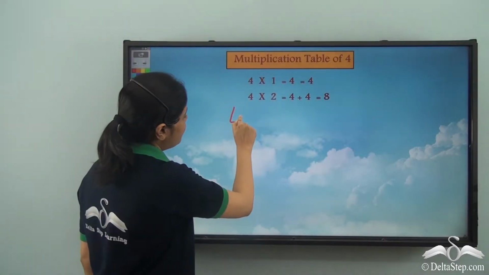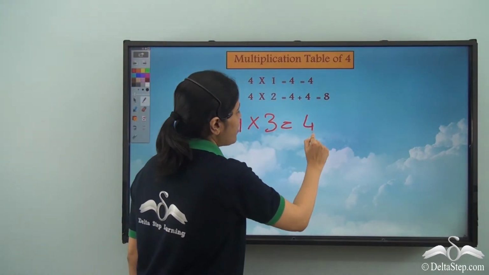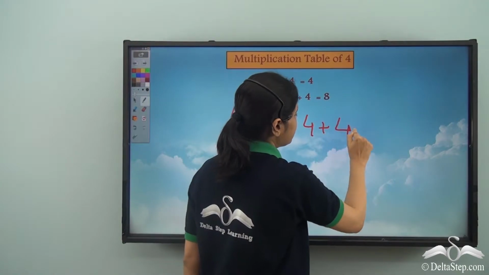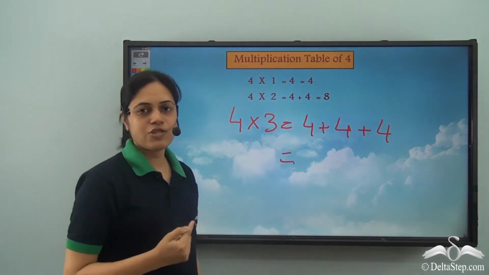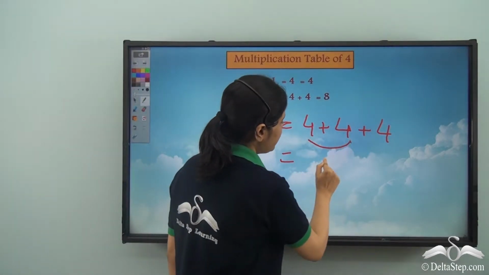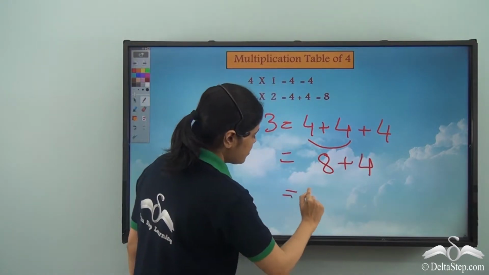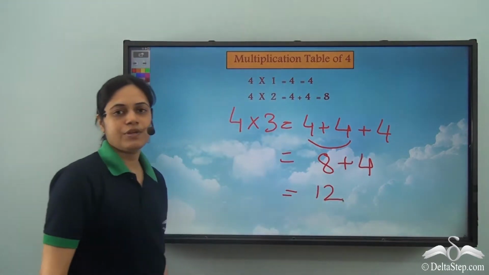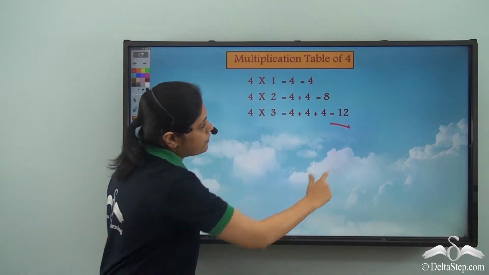Next we have 4 into 3, which is 4 added thrice. Now 4 added thrice or 3 times is 4 plus 4 is 8, and 8 plus 4 is 12. So 4 into 3 is 12.